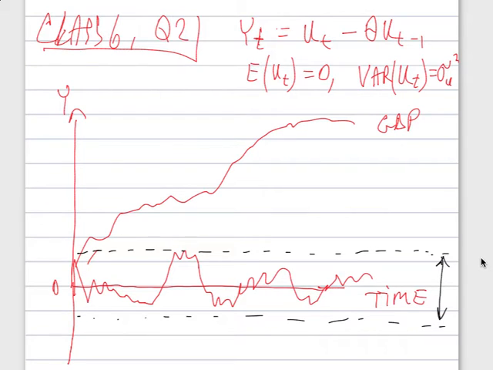The series do not fluctuate away from this, above and below the line, for far too long. It goes back within this band. So that's the variance. In the long run, it has a constant variance, and at the same time, a constant mean.